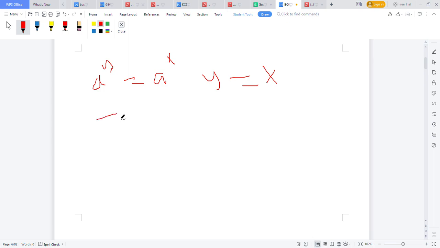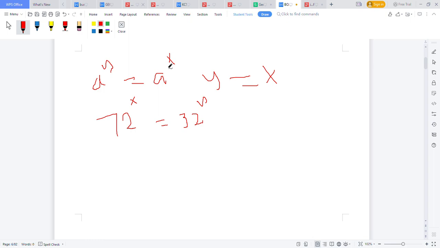Let's say we have 72 raised to power x is equal to, let's say something like, 32 raised to power y. If you're given something like this, kindly note this.